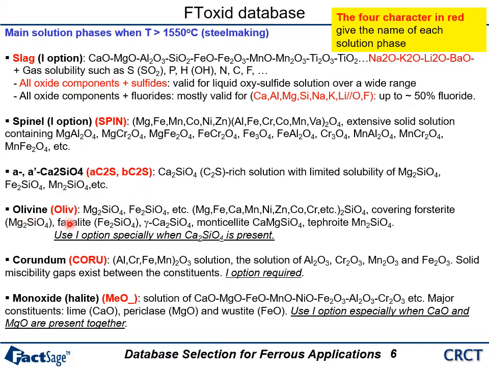And there's another important solid solution, which is called the olivine solid solution. As you know, Mg2SiO4 olivine, or forsterite, is typically used as a refractory material in the tundish. In order to understand the chemical reaction of those refractory materials with slag, we have to include the olivine phase.